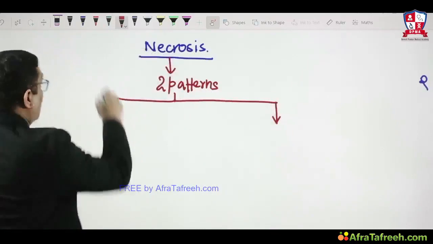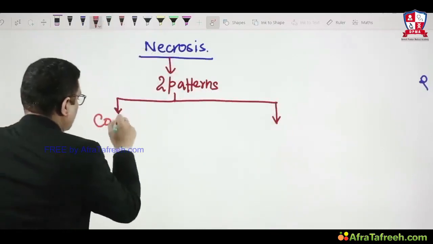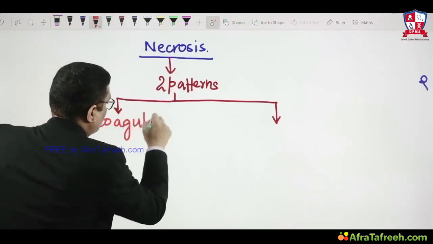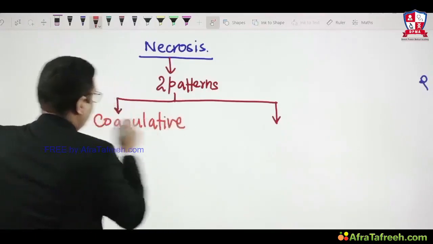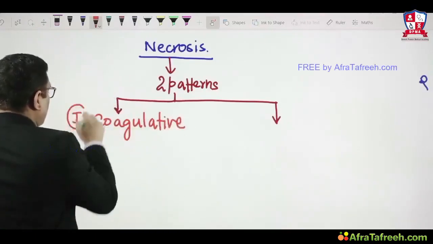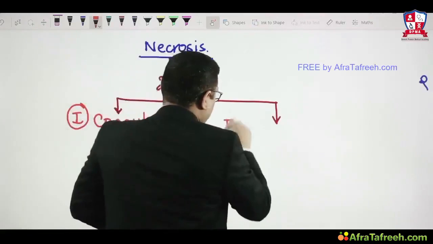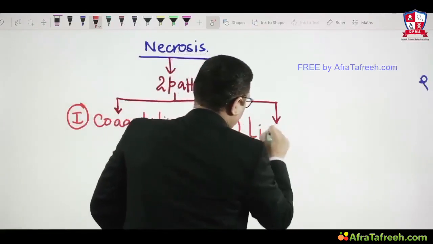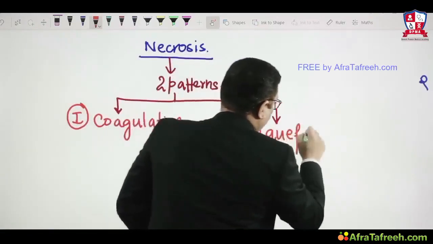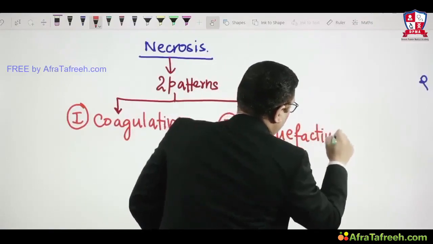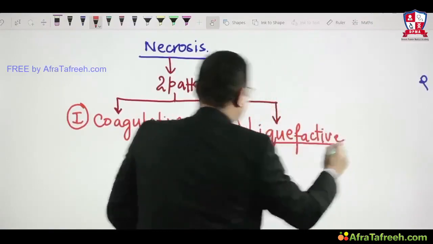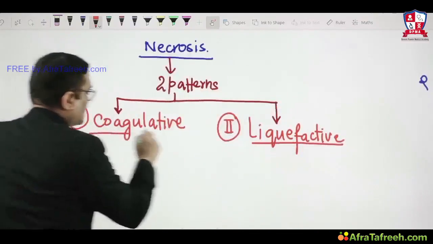Number one is coagulative necrosis, and number two is liquefactive necrosis.